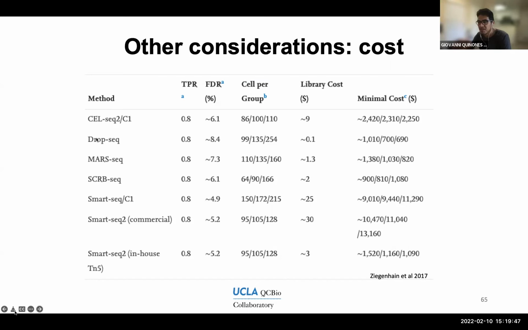They evaluated a number of sequencing technologies and library preparation technologies, and here there is a true positive rate and false discovery rate. So these are some metrics by which we're calculating the price. What amount of sensitivity, what amount of specificity do we want?